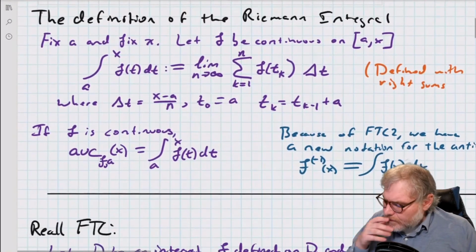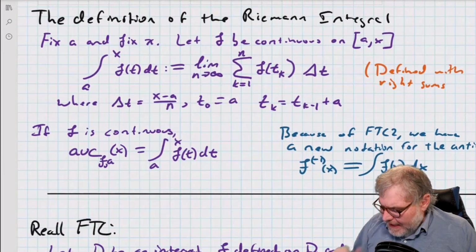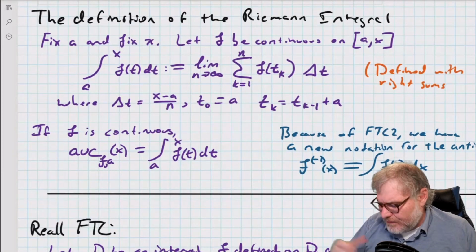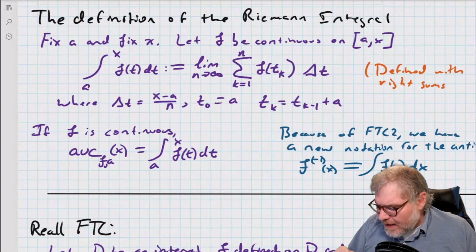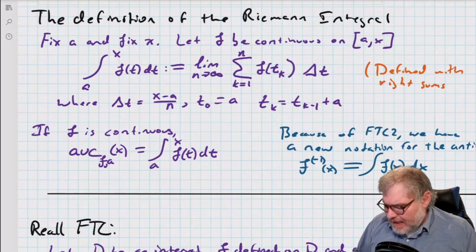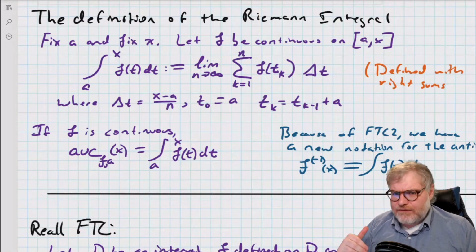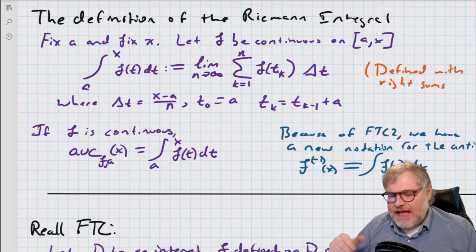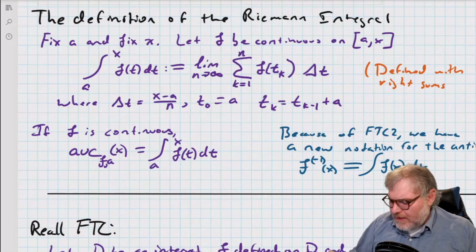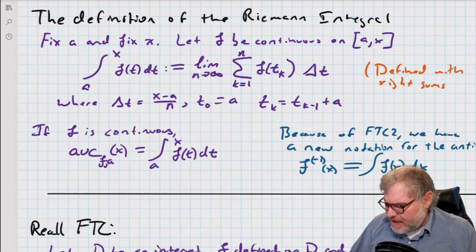Okay, so just to remind you, I had this idea of the Riemann integral, and I had a definition for it. And I said if f was continuous, then we'll define the area under the curve, F_a of x, to be the integral from a to x of f of t dt.